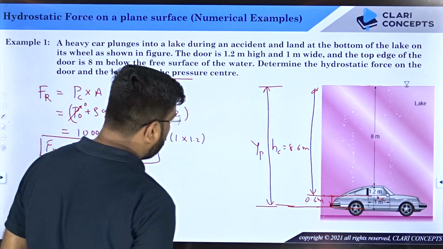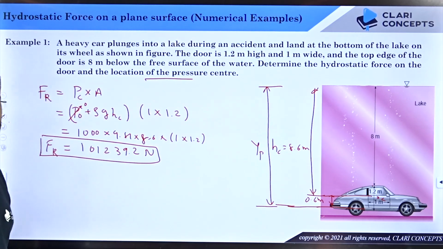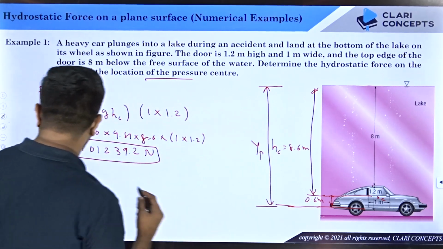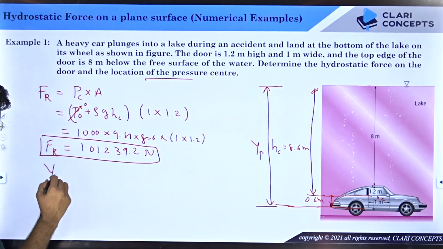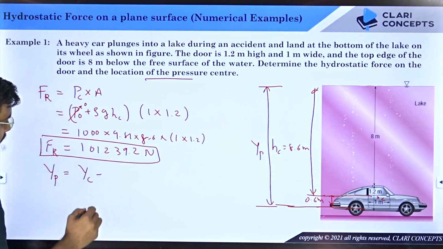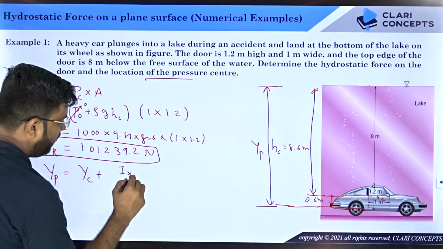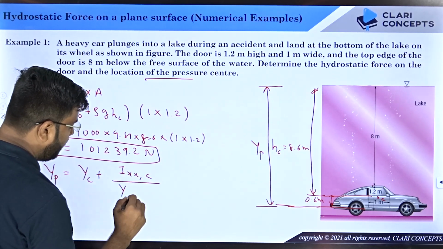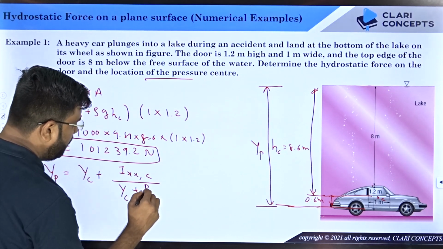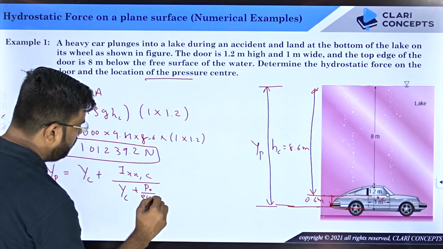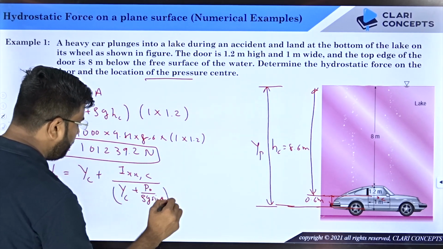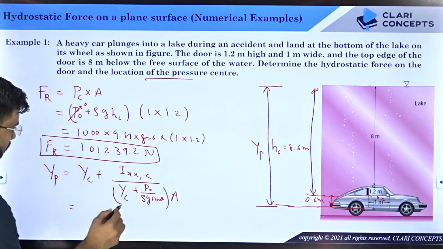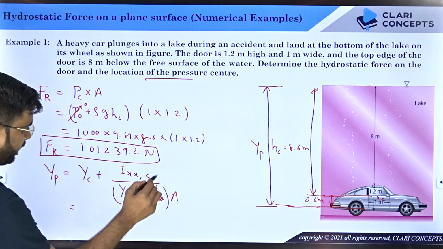Now what will you do? You will try to look at the formula, which is Yp equals Yc plus Ixx of C divided by Yc plus P0 over rho g sin theta, into area A. Now you can simply consider P0 to be 0 as atmospheric pressure.